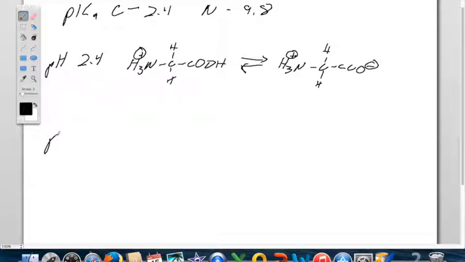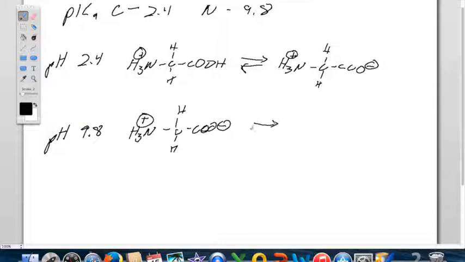So let's look at the structures that exist when the pH is equal to 9.8. So when the pH is equal to the pKa of our amino group, all of the carboxy groups will be deprotonated because the pH is well above the pKa, but 50% of the glycines will have the amino group protonated, and 50% of the glycine molecules in solution will have the amino group deprotonated.